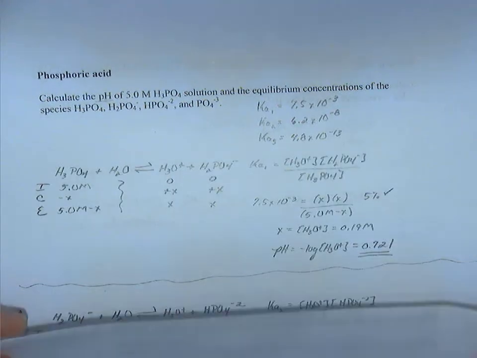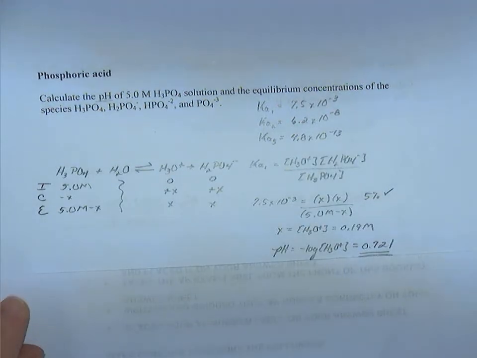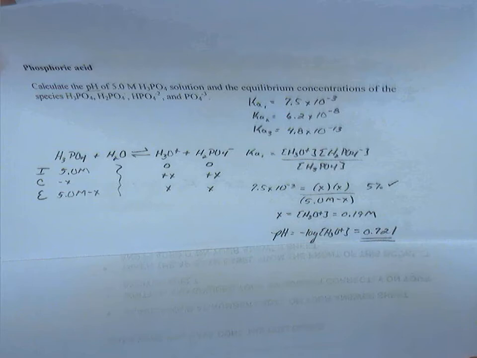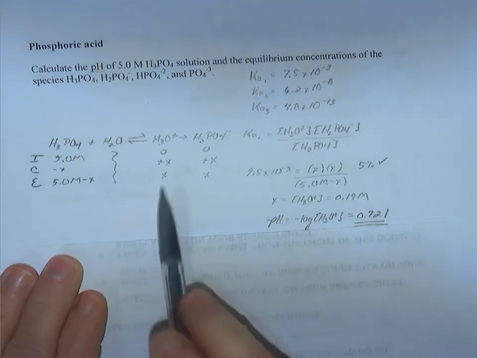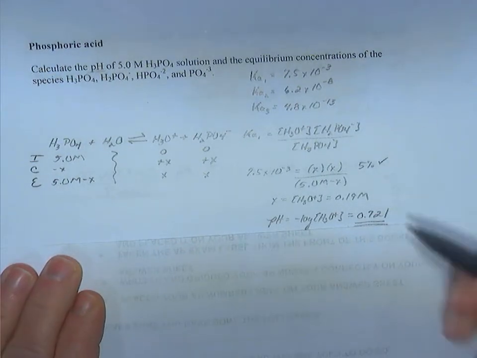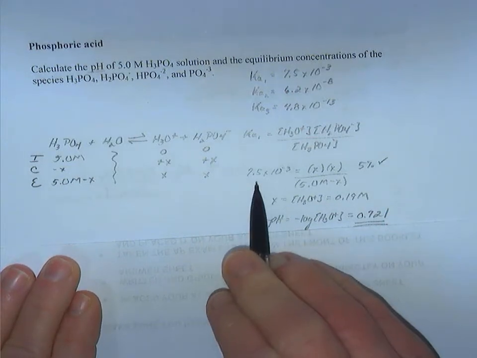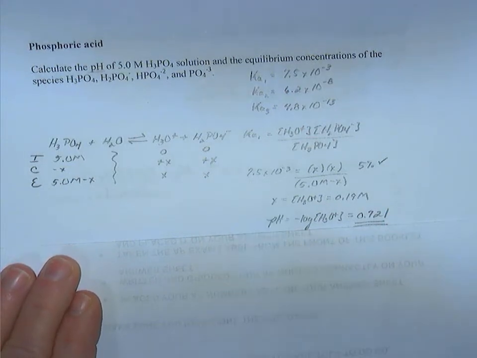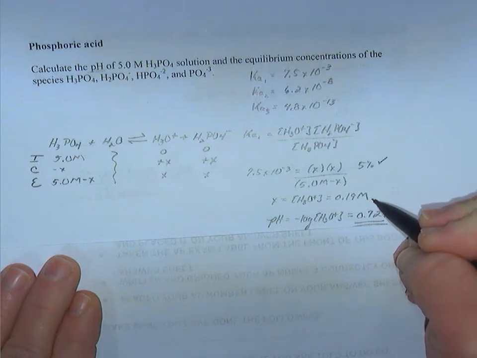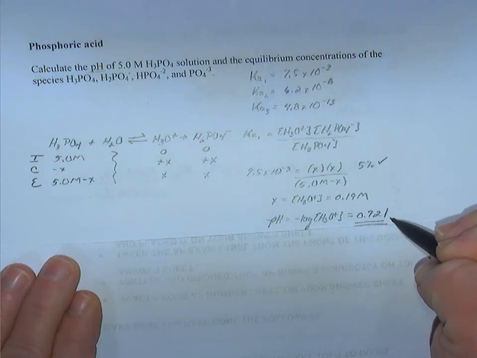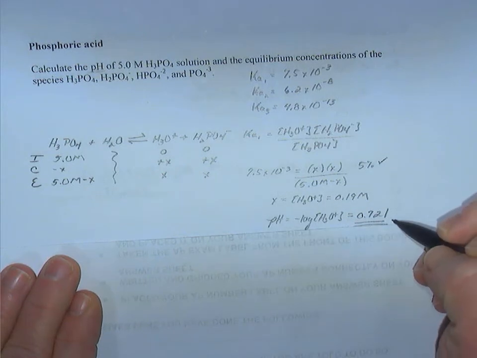So I did that work here, just a straightforward ice table using the first Ka. It does follow the 5% rule, even though that's a fairly high Ka value for a weak acid. Concentration of hydronium ion, and then my pH. Pretty low, huh? But again, that's a pretty high value for a weak acid.